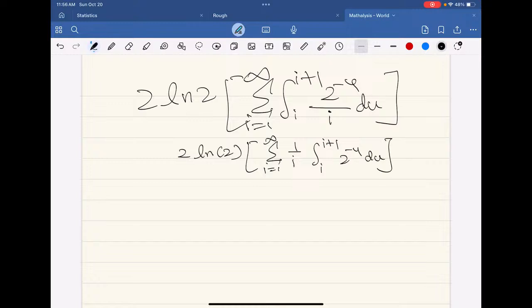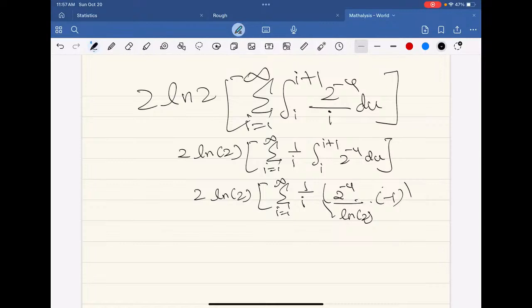Next is 2 ln 2 sum from i equals 1 to infinity 1 by i. The integral will just be 2 to the power minus u divided by ln of 2 times minus 1, right? And this is from i to i plus 1.